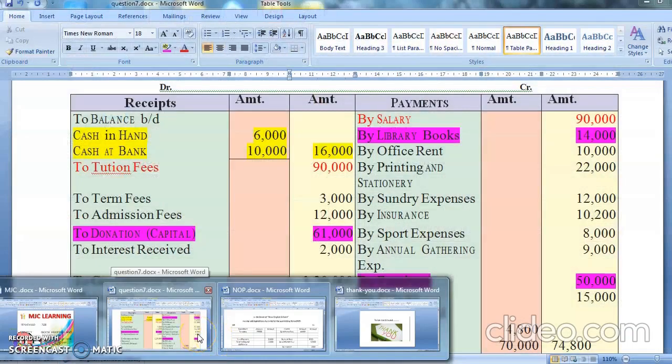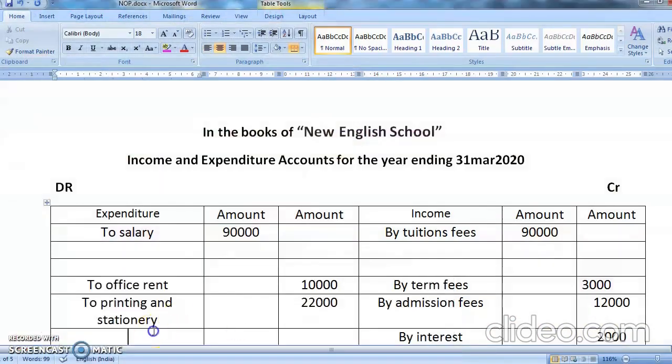Then you have sundry expenses 12,000, insurance 10,200. So to sundry expenses, how much was the sundry expenses?